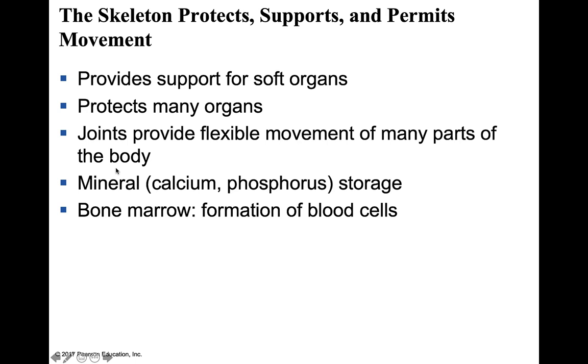Now, we've talked about the overall function previously, so let's go back to that. When we look at roles, we're looking at support for soft organs and protection. Very, very important functions overall. We look at joints, which is an articulation, or where bone meets bone. Some of these joints are going to provide flexible movement of many parts of the body, but not all joints are freely moving, and that's something that we'll see a little bit later.